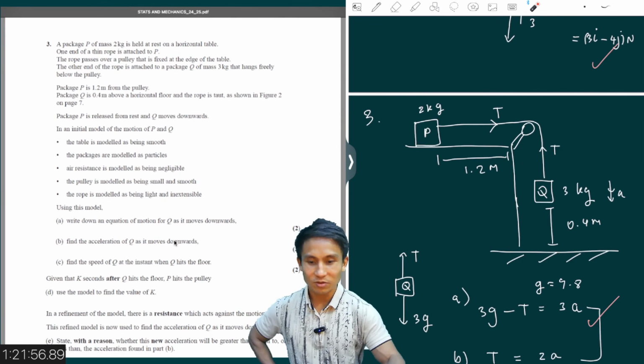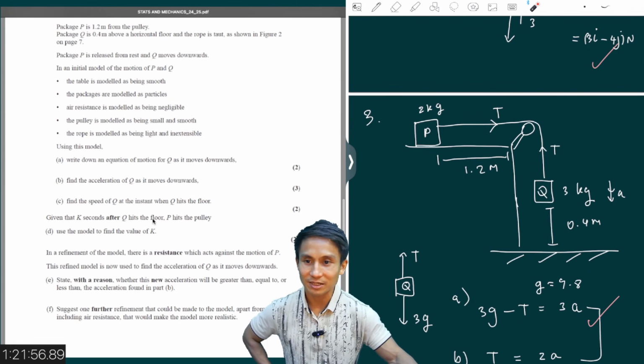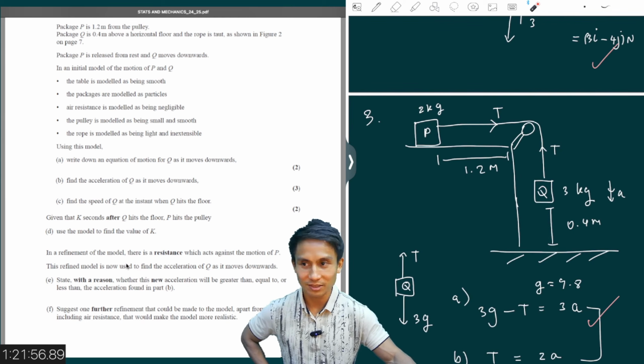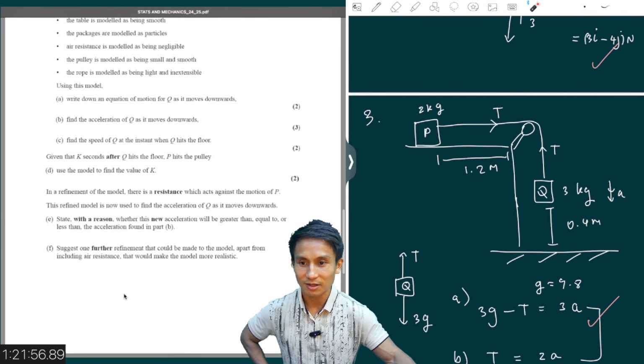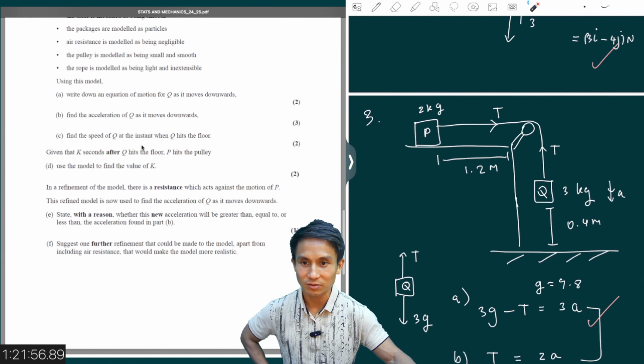For this one, a little texty, but it's just a classic connected particle. Yeah, this one comes up a lot of times, and you need to nail it if you see this one.